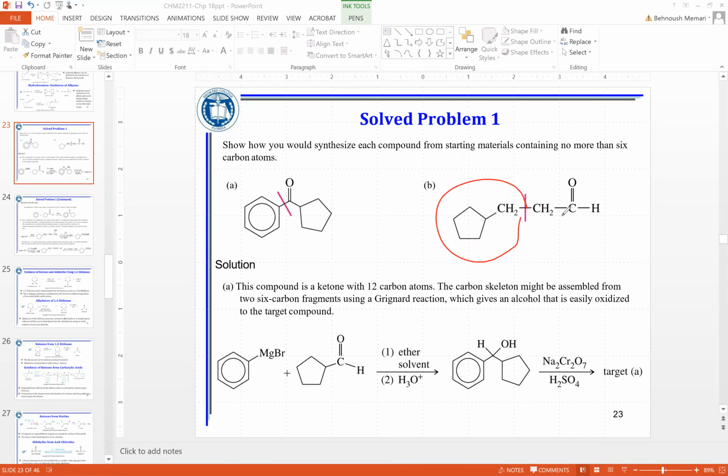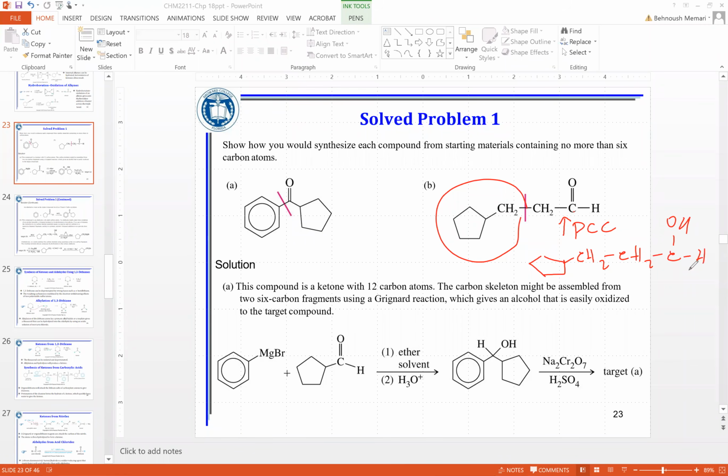But you have to see that your product is an aldehyde. If it's an aldehyde, one step prior to this, it must have been a primary alcohol. So basically, one of the last steps that you have here should be this CH2OH.